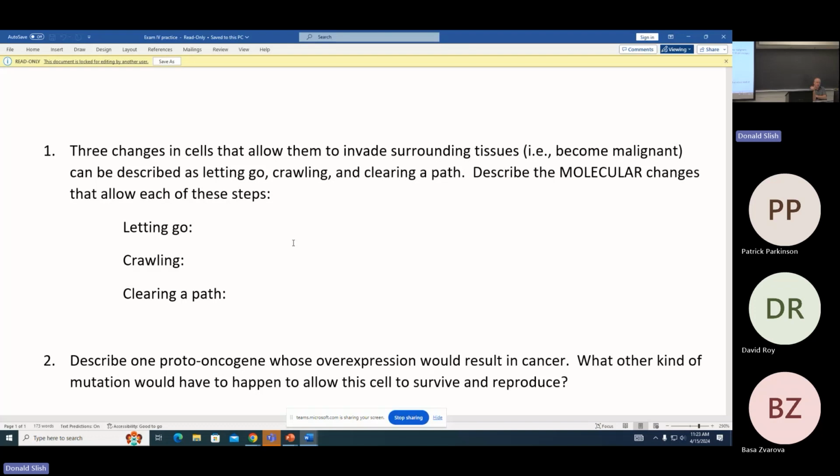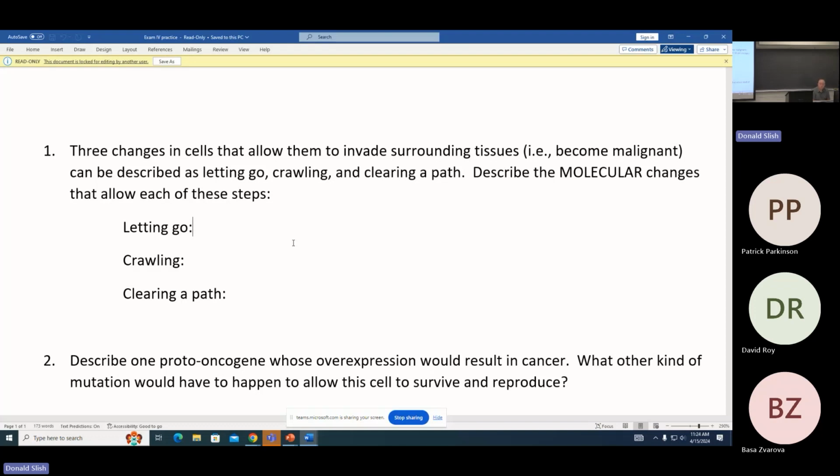Focal adhesions let go, which is one thing. What's the other thing that's keeping cells in the tissue? The adhesion molecules, the cadherins, cell adhesion molecules. Yeah. So both of those are going to be turned off or in some way caused to let go.